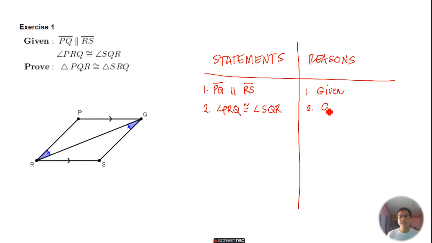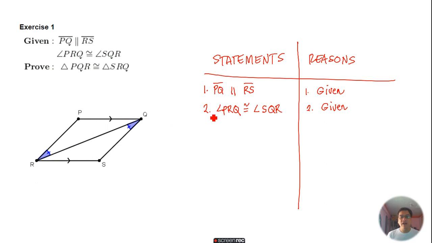Our reason is still given. And then you go to the figure and check if it is already marked. Angle PRQ, that's angle R there, is already marked, and angle SQR is also already marked. So we have no problem with that.